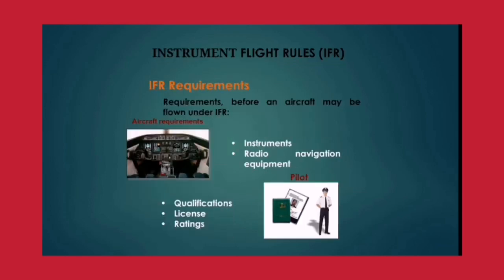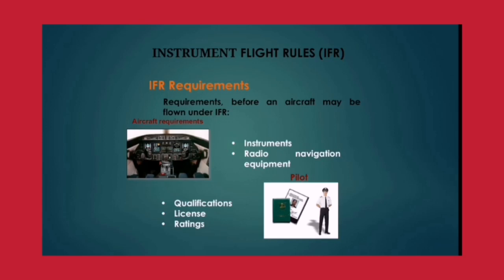So what are the requirements that will enable a pilot to fly under IFR? The following requirements must be met before the pilot flies under these conditions. They are divided into two categories: the aircraft requirements and the pilot requirements. For the aircraft requirements, we have the instruments.